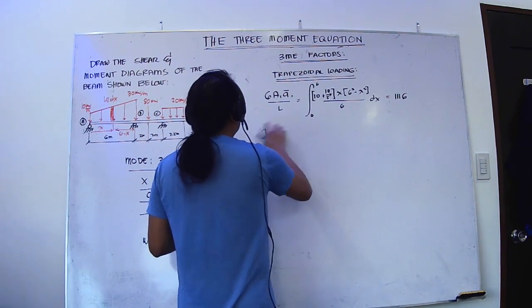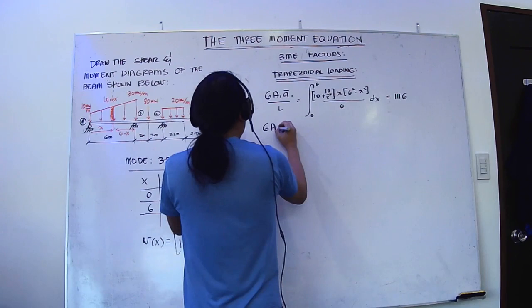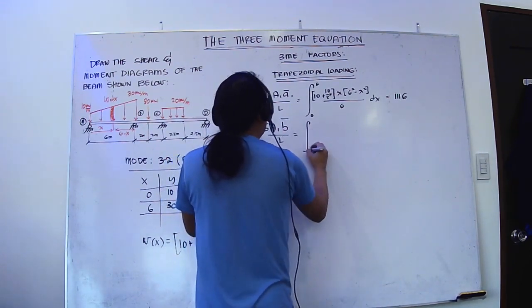Similarly, our 6 A1 B over L should be equal to 0.6.